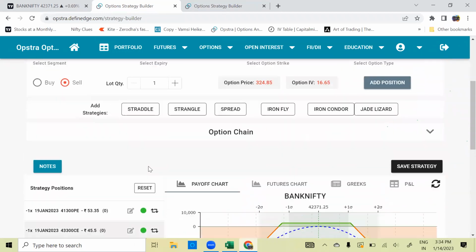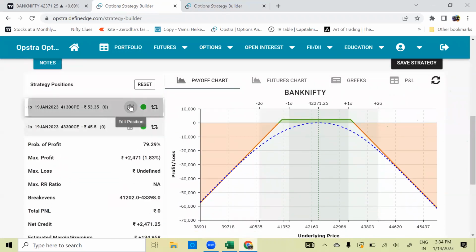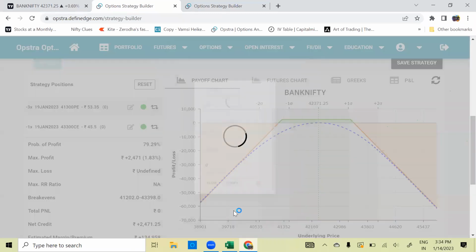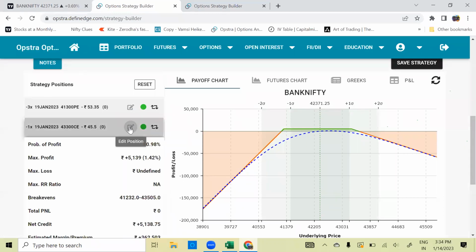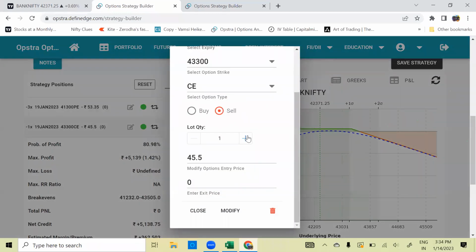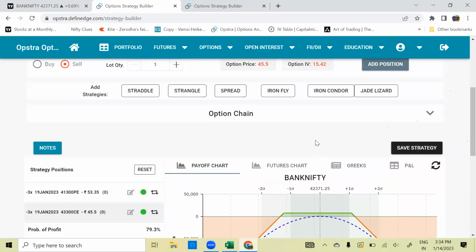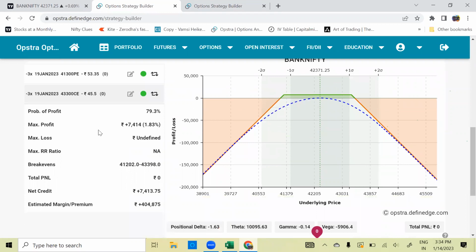For better understanding, I will take three lots, not a single lot: three lots of put option and three lots of call option. This is number one, the naked strangle. Here my probability of profit is 79.3%, and I am able to make 1.83%. Breakeven is whatever distance I sold minus whatever credit I got.